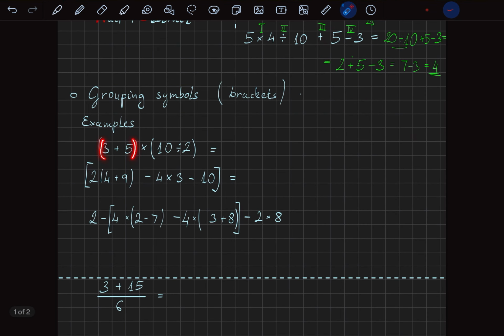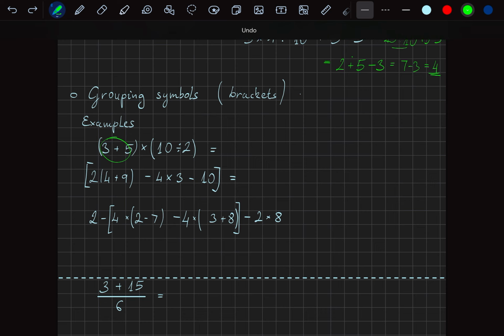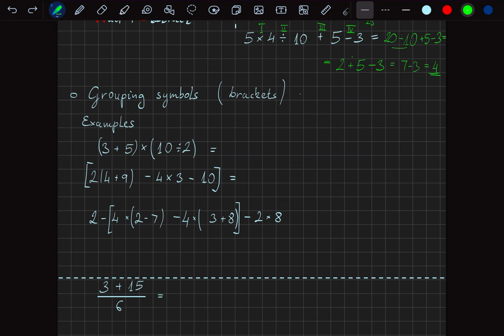We have 2 brackets. They are separated, so we will solve this bracket, after this bracket. This is the first, this is the second, and after we will multiply the value of the brackets.